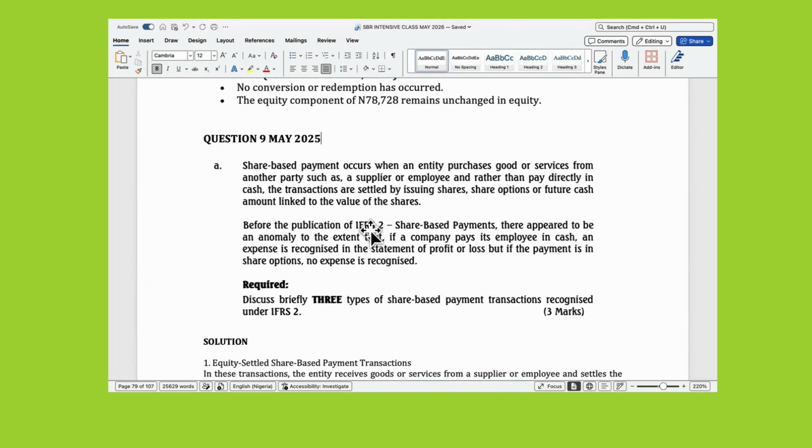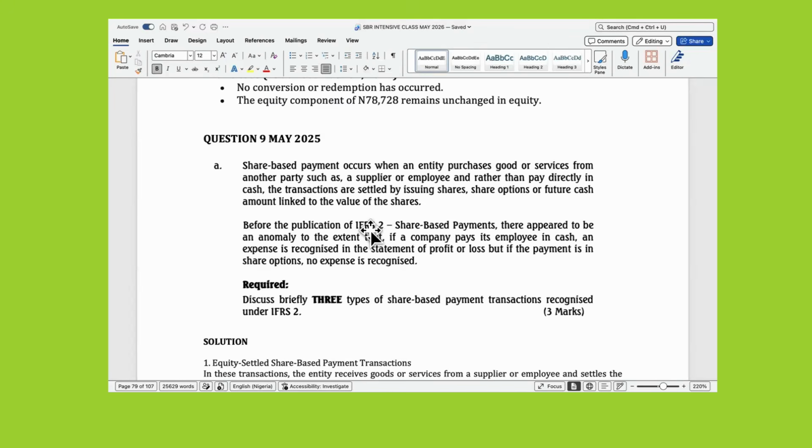Now, the focus of share-based payment is not about you, the seller. We are not concerned about you that is selling or you, the provider of service. That's not whom the focus is. The focus is on the person that is paying, on the person that is enjoying the service.